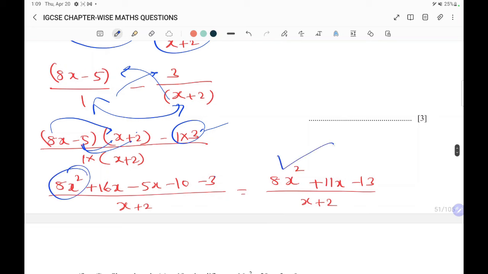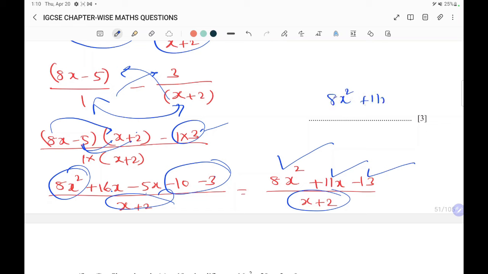Now 8x squared, 16x minus 5x which is 11x, minus 10 minus 3 which is minus 13, and x plus 2 in the denominator. So I will get 8x squared plus 11x minus 13 over x plus 2.